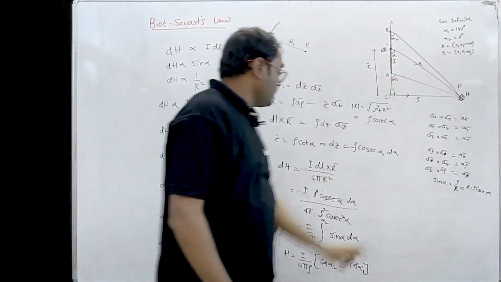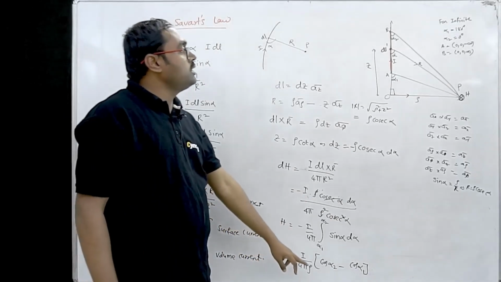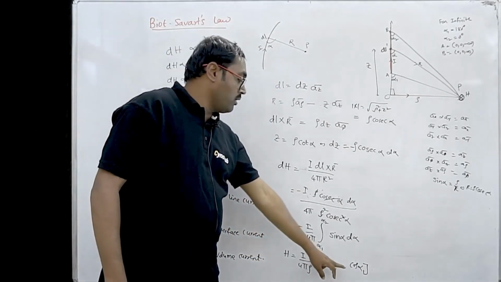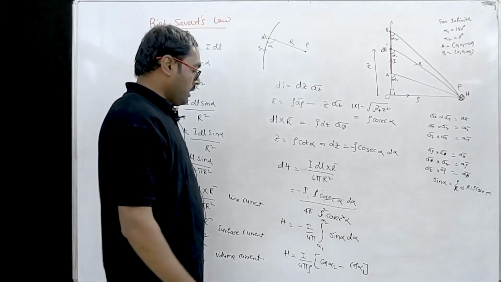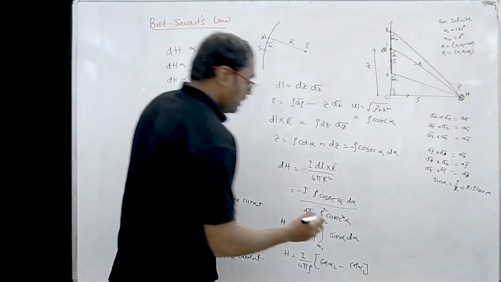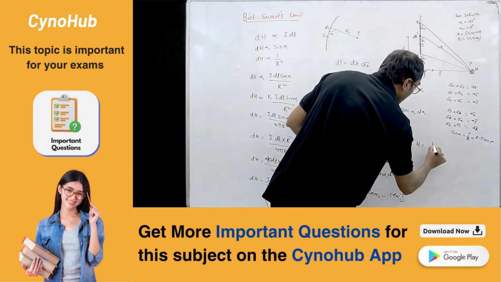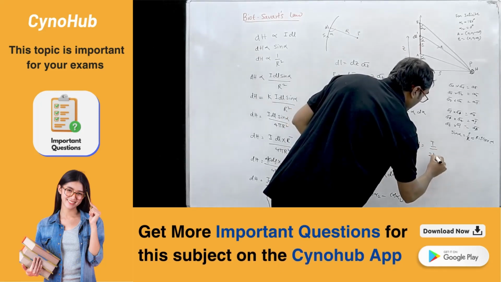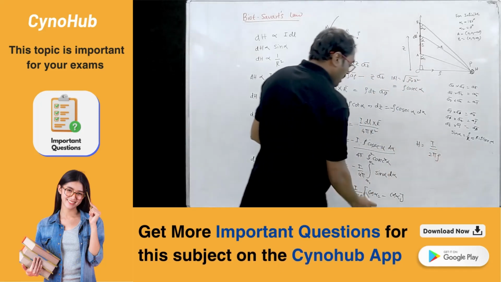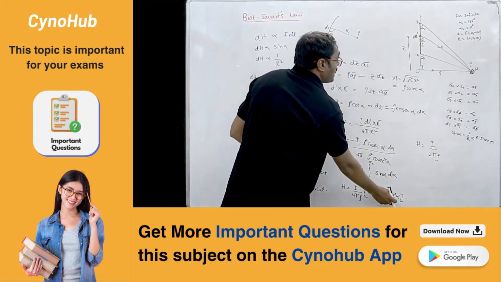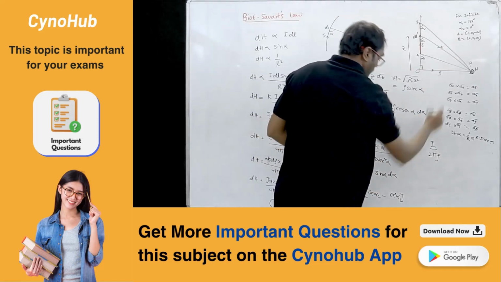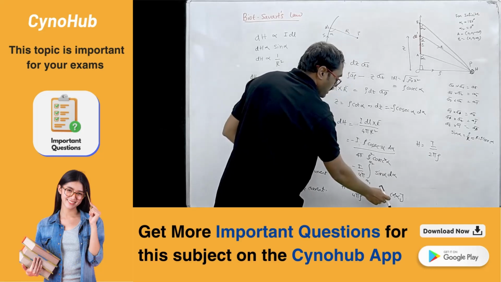Then the equation becomes h is equal to I by 2 pi rho. Why? Because cos 0 is 1 and cos 180 degrees is minus 1, and minus into minus gives plus.